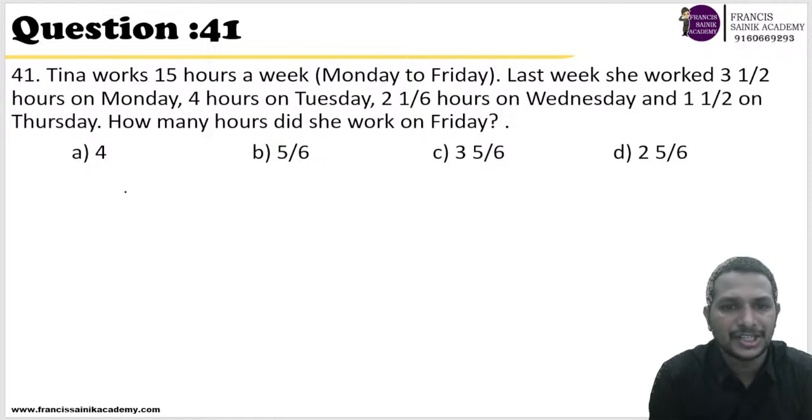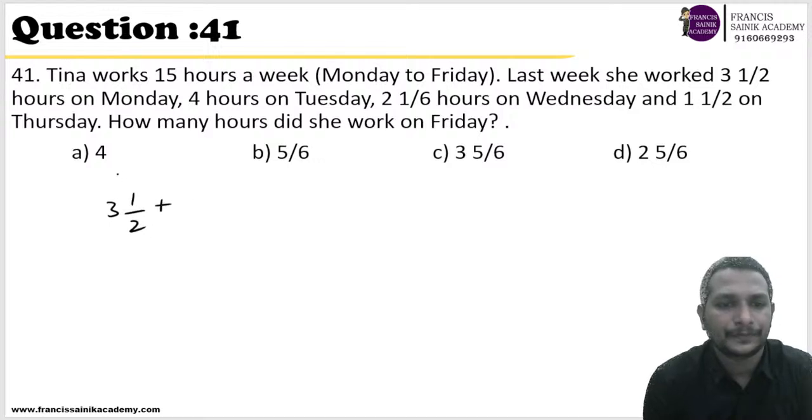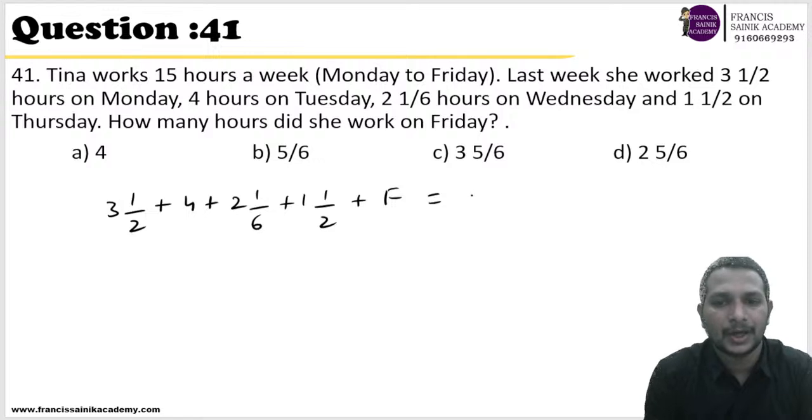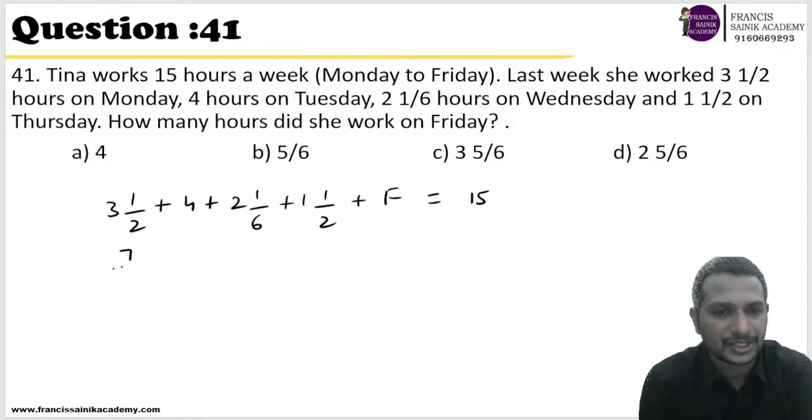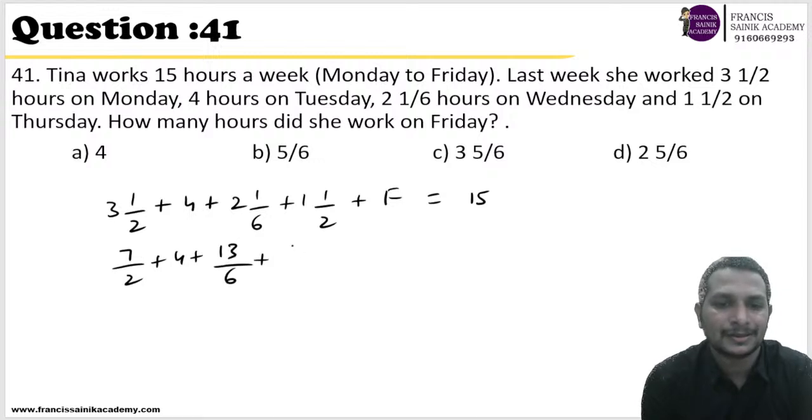On Friday we don't know, but altogether 15 hours. Convert them into improper fractions: 7/2, 4, 13/6, 3/2, plus Friday equals 15.